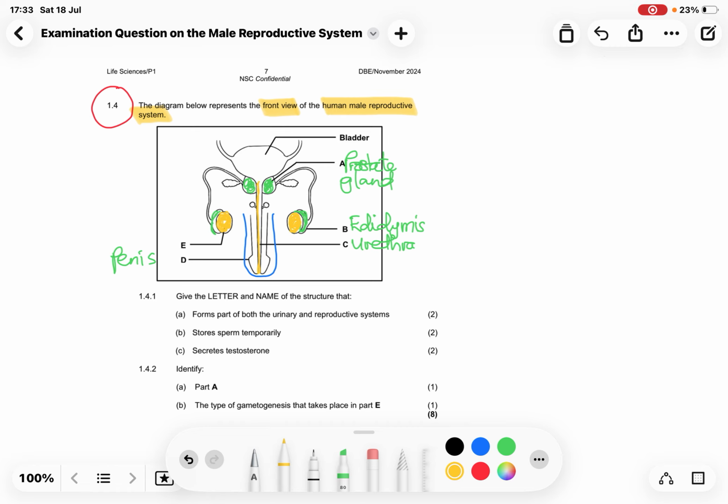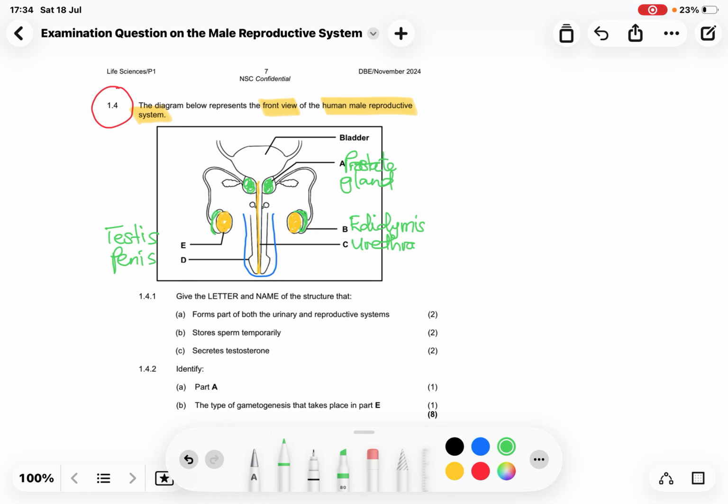Remember, this is a front view, so we'll be having two, or both of them will be shown. So this part is our testis. It's one, so it's testis, and testes when there are two. Right. So we have studied our diagram. Now we can safely answer or address the questions.